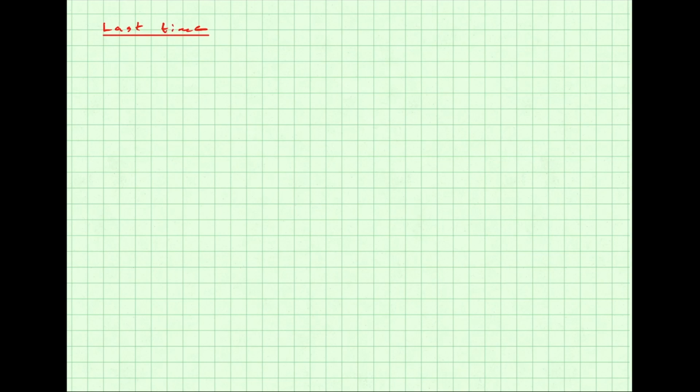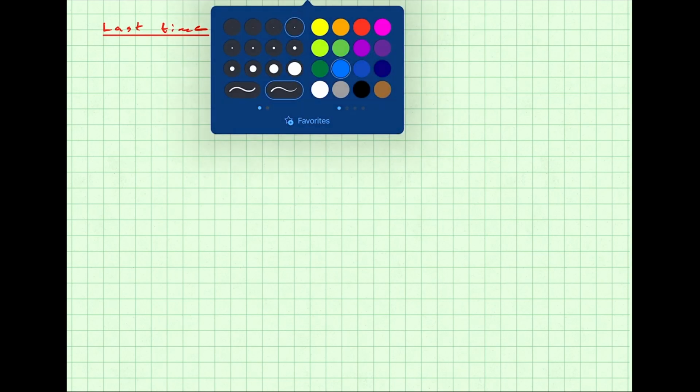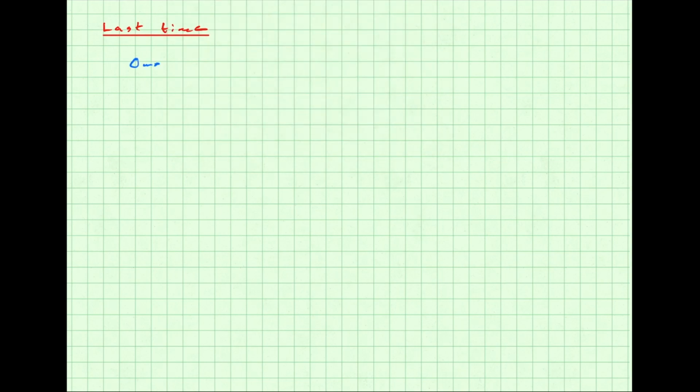So we had our main example, which was two random variables, x and y, and they were both continuous. And they had the following joint probability density function, joint PDF.